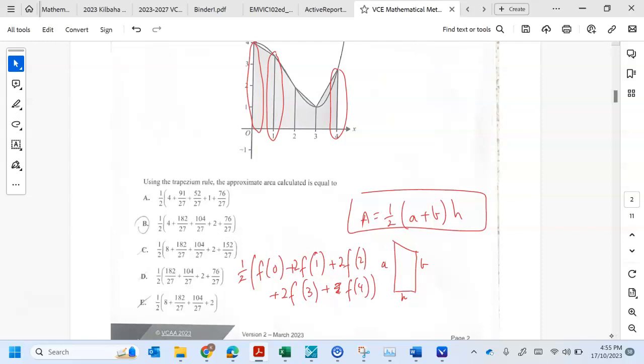Because f of 0, where x equals 0, and where x equals 4, that line is only counted once, but everywhere else we multiply by 2 because the line is included twice.